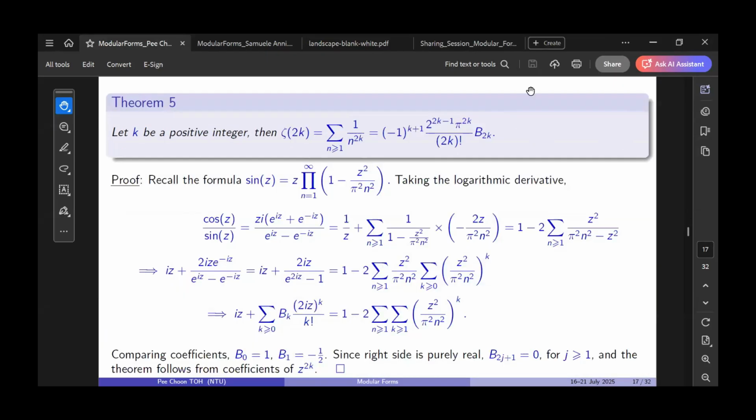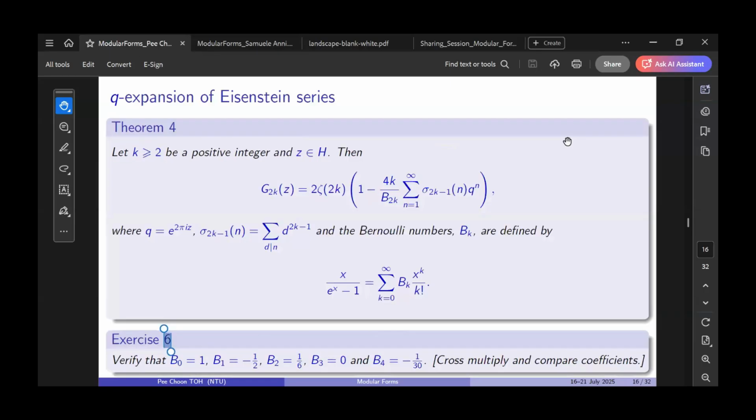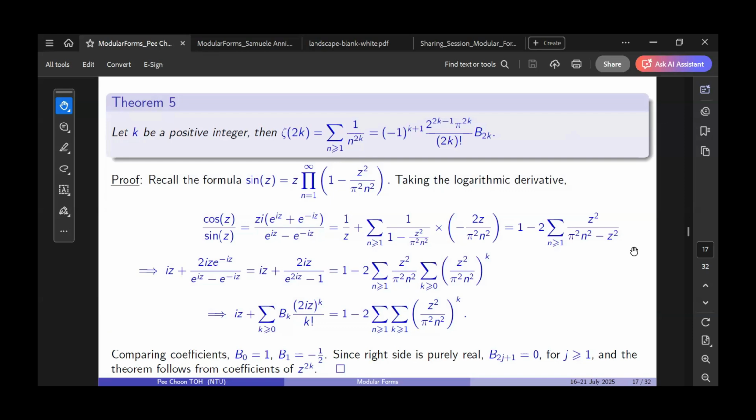Now, this theorem is just how you will be able to. So we have this, right? Theta 2K is basically the sum of all reciprocals of n to the power of 2K.